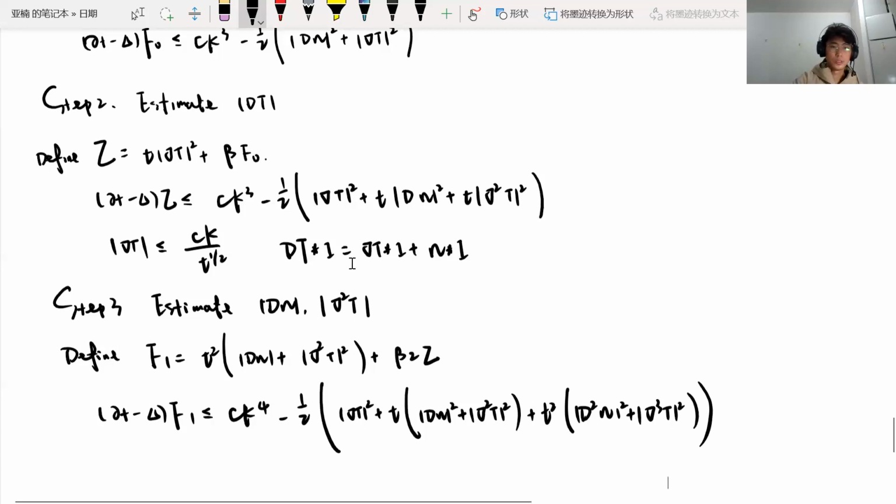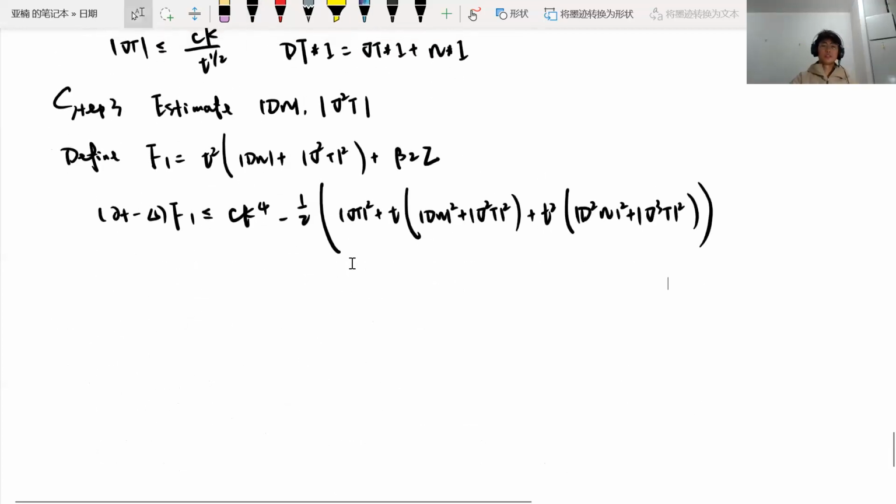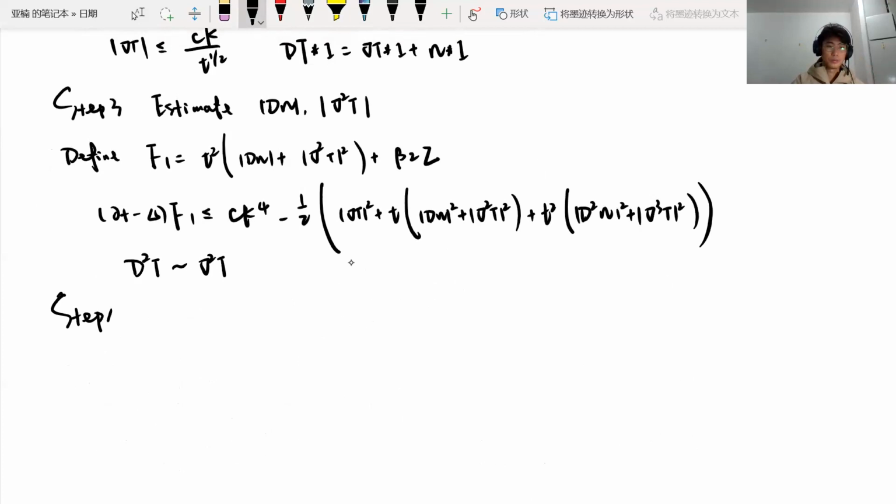So we can obtain the estimate from the maximum principle, and recall the relationship between the total gradient and the partial gradient. Then we can calculate by induction to estimate these two terms at the same time and define the function by induction.